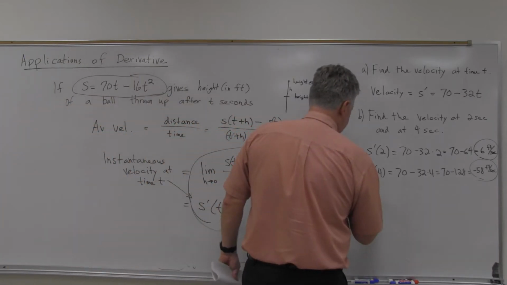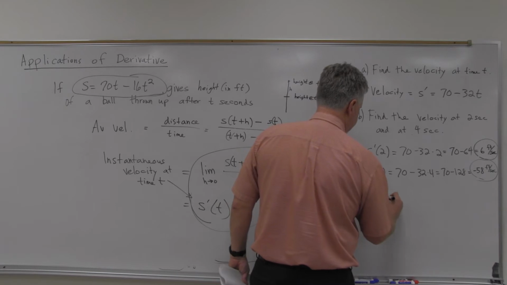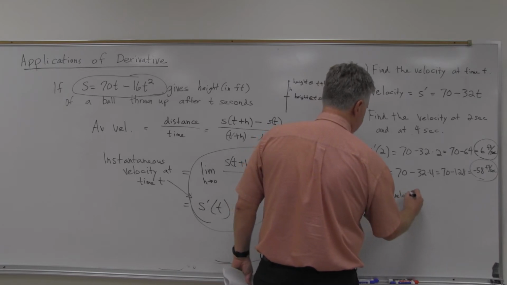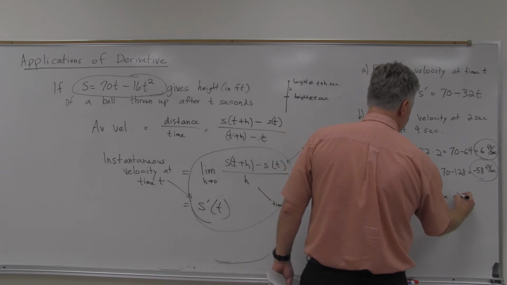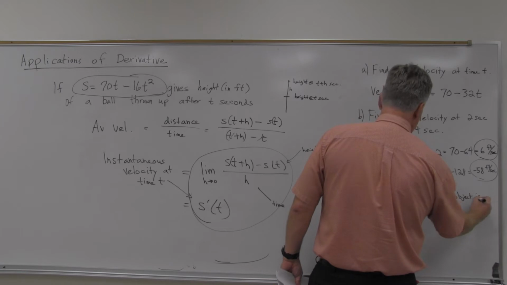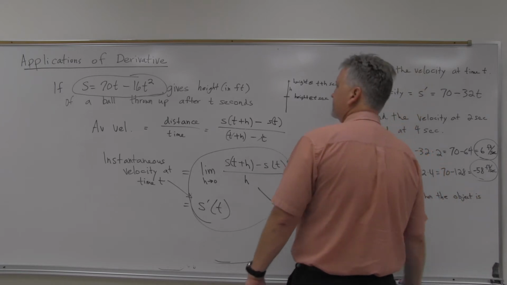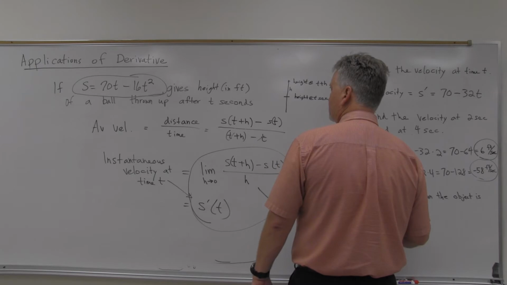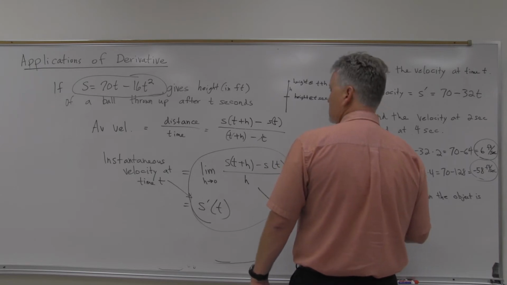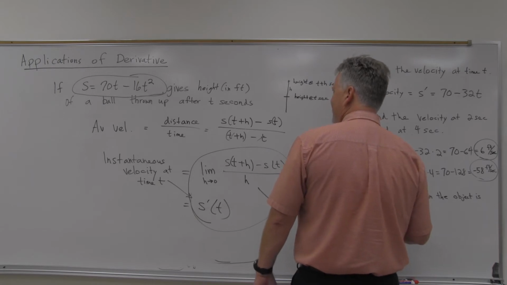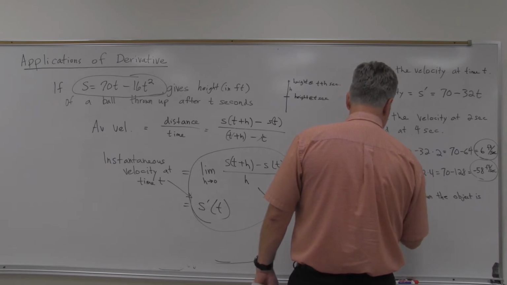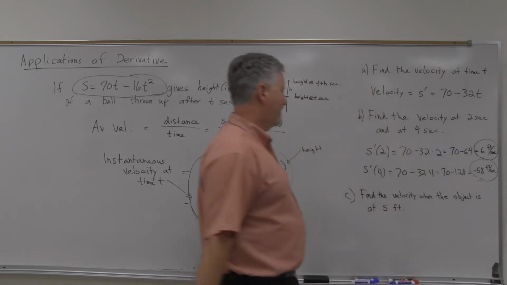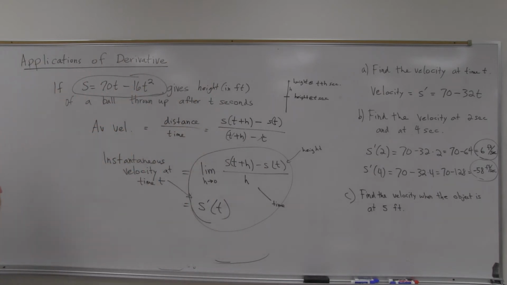So find the velocity when the object is at 5 feet. Find the velocity when the object is 5 feet.